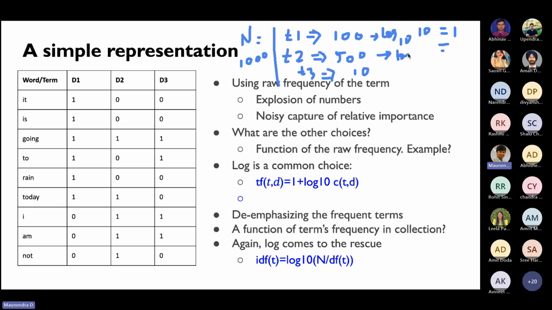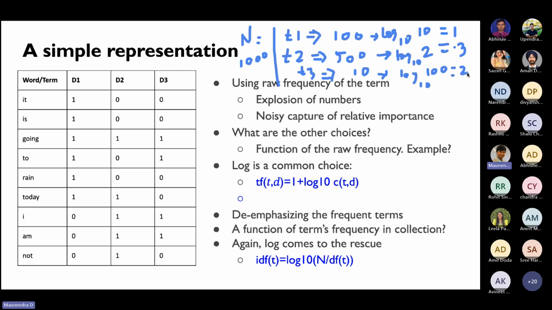It will be log 10 of 1000 by 500, right? Oh yeah, log 2. I think it comes out to be 0.3010 something. Yeah, 0.30. Then this one is what? Log 10 of 1000 by 10. So it's 2.